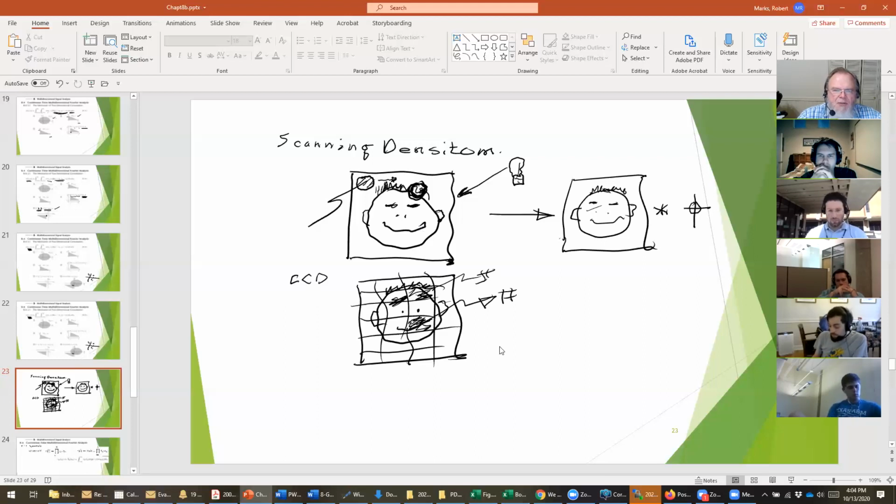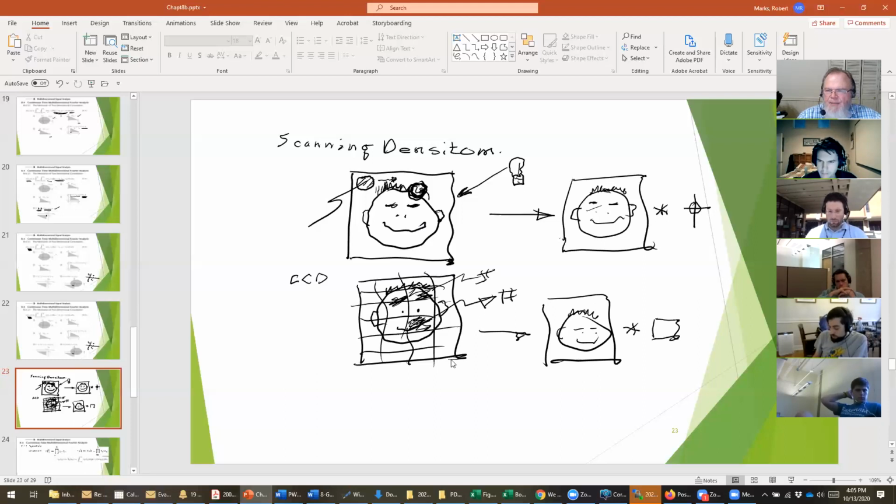Well, this turns out to be equal to the original image convolved with a rectangle, except that this is not going to be a continuous signal, is it?